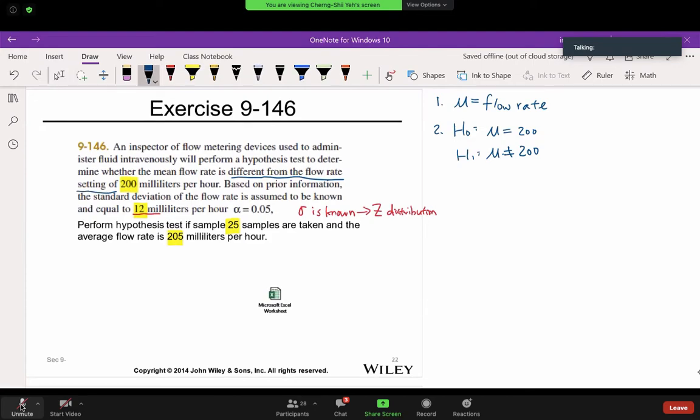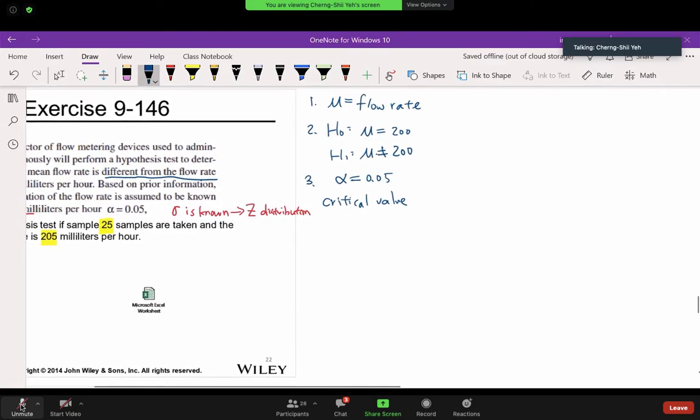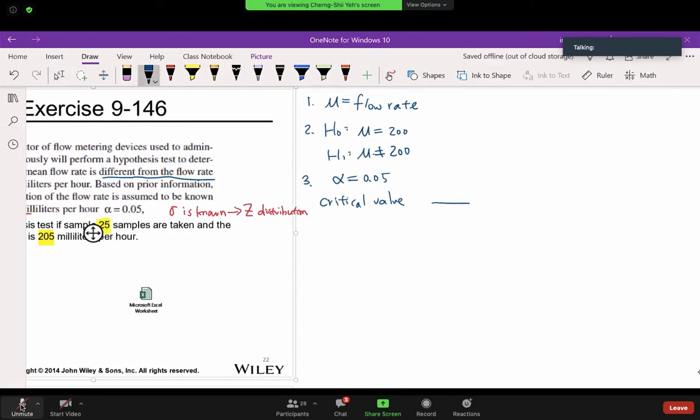Okay. Step 3, let's find our critical value. Alpha is 0.05, so my critical value. This is when I start my sketch. We know this is a z distribution.